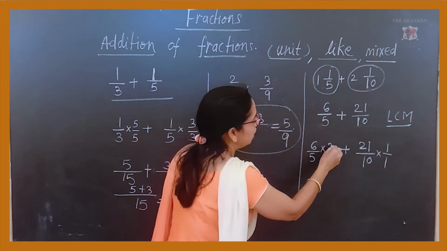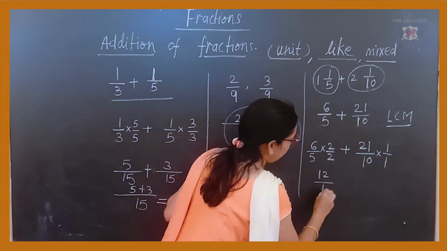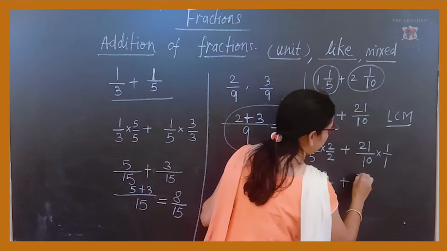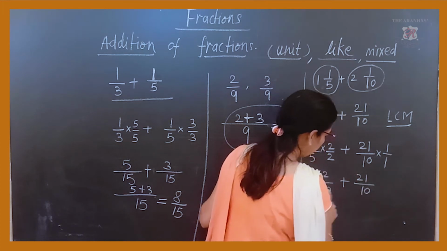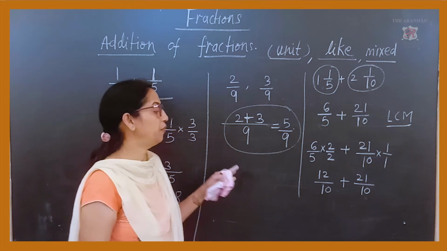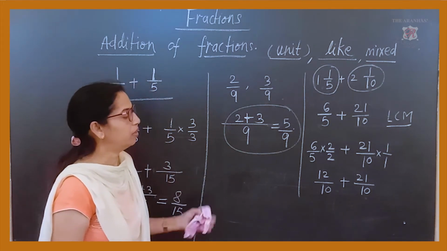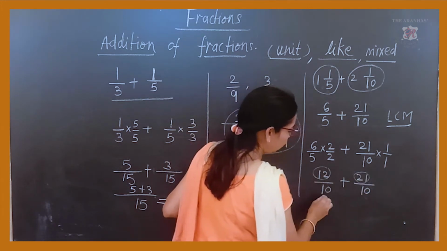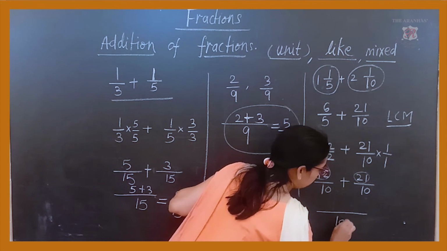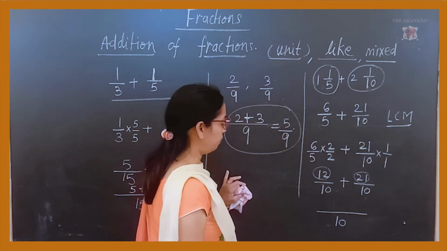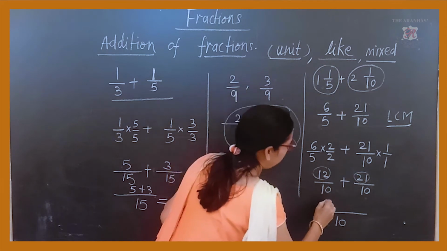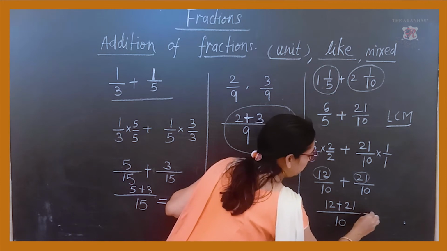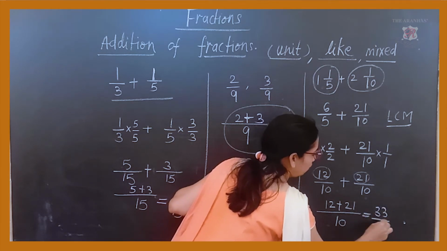So 6 2s are 12 upon 10, and this addition sign we keep as it is, 21 upon 10. Now when such denominators are the same, you can easily add the numerators. We write the denominator once and carry out the addition of the numerators. So it will come to 33 upon 10.